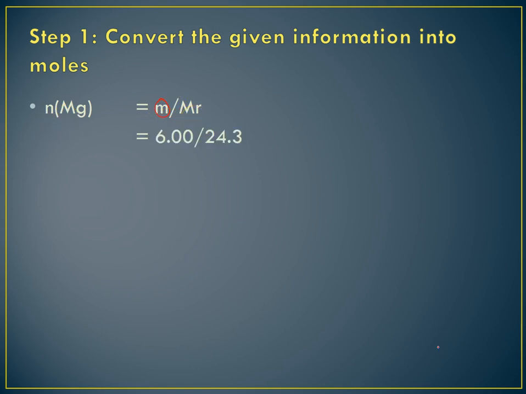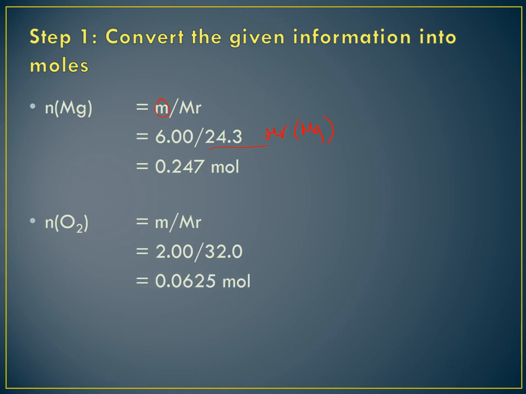We take our 6 grams, divide by 24.3, remembering that this is the molar mass of magnesium, which we got from the periodic table. When you do that calculation, you should end up with 0.247 mole. We do the same for oxygen, and we can see here that we get 0.0625 mole. That's great. We've got the mole for both of them.